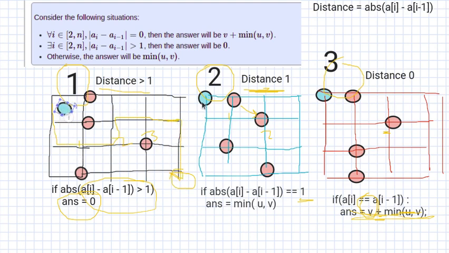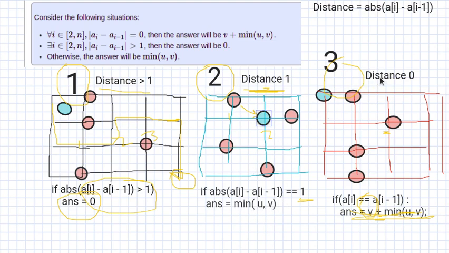Okay, now when you look at the second case, when the distance is 1, in this case what we can do is we come here, we put it over here, either upward or rightward, and we have a gap, and then we can come here and zoom down and reach the destination. So in this case, we have to pick the minimum of the 2 operations, either the upward or vertical displacement or the horizontal displacement, whichever costs less.